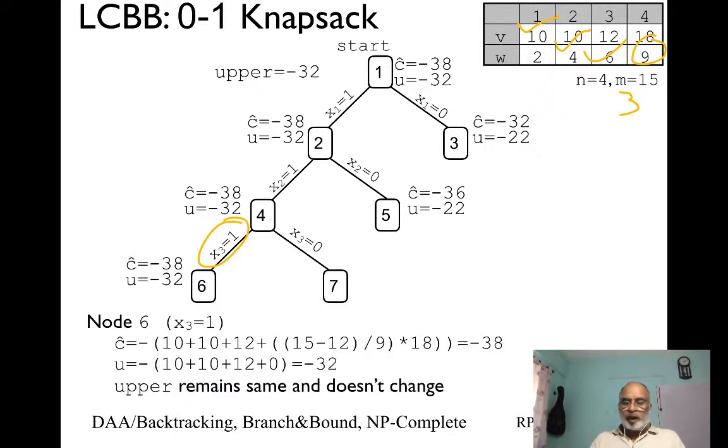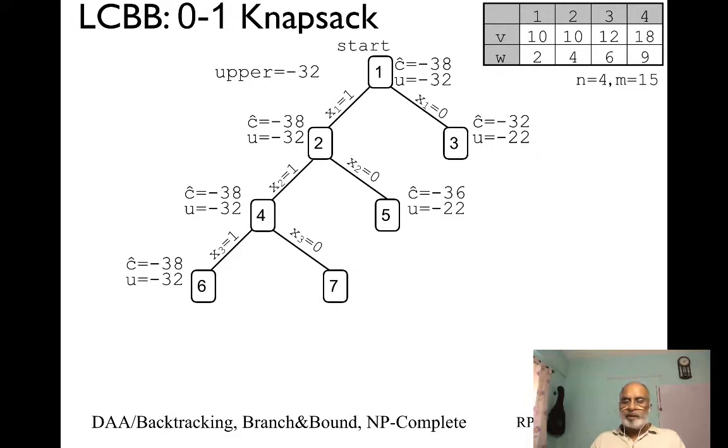Now let's compute the value for 7. Now x3 is not included, so we are not including this weight. When you're not including this weight, that means cost will consist of 10 plus 10 plus this variable 9. So we look at the value 2 plus 4, 6, 6 plus 9, 15. It exactly matches 15. That means I can take W4 completely.